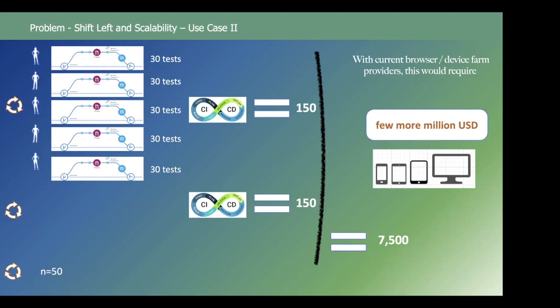And for the same case I showed you before, but now with shift left, across the organization, you might be requiring around 7,500. But again, even if you take 1/3 of this, you should have that many parallel connections from SaaS platforms, and definitely it's going to be costing you millions of dollars, right? And nobody's going to approve that amount of budget for test automation. So these are some of the challenges that we have currently.